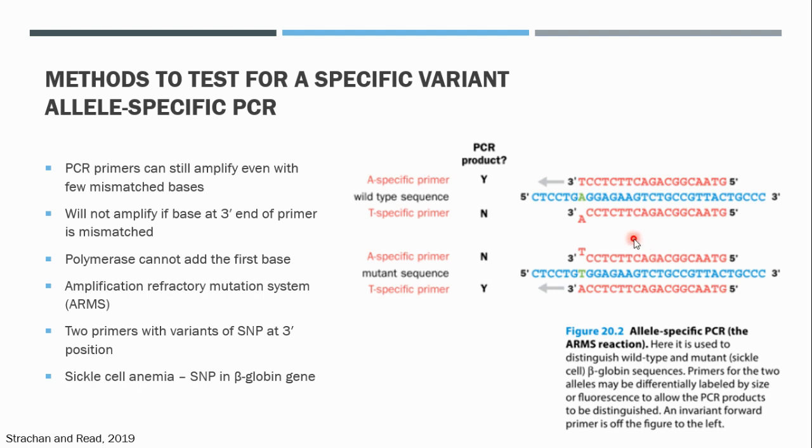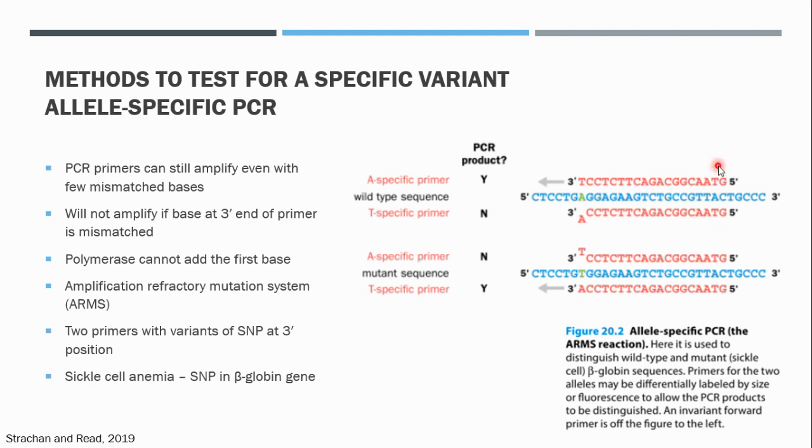So we have a PCR reaction with the same forward primer and two different reverse primers. The reverse primer with the T is labeled with a green dye, and the reverse primer with an A is labeled with a red dye.